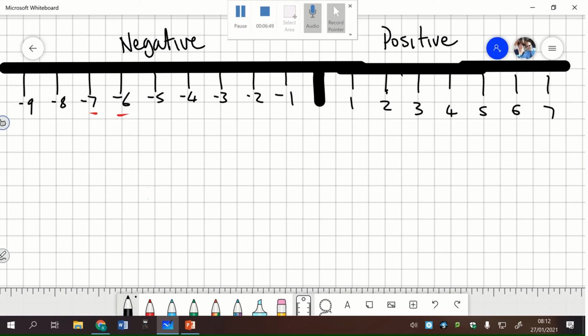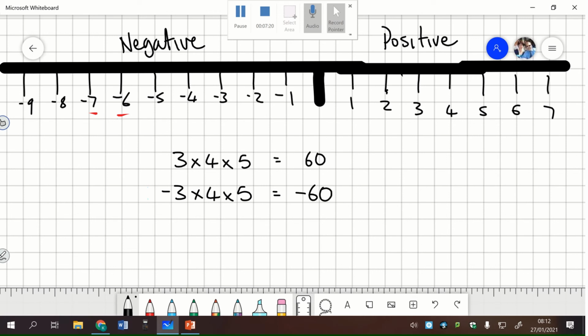If I do 3 times 4 times 5, 3 times 4 is 12, and 12 times 5 is 60. If I change that and take it as negative 3 times 4 times 5, I've got one negative, and that negative times positive is just going to turn the answer negative.